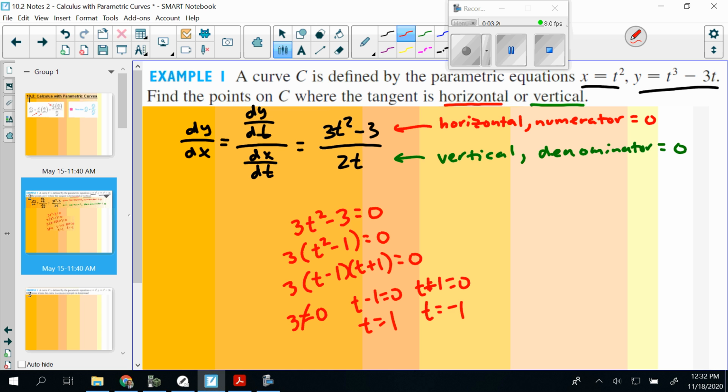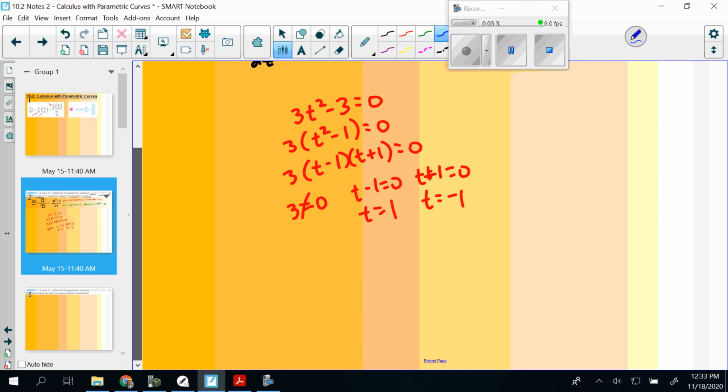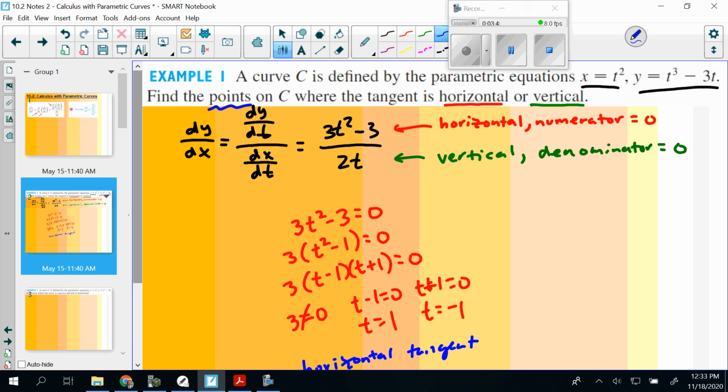They did want us to find the points, though, so make sure we still find those. For the points where we have a horizontal tangent, we plug t equals 1 into both equations. In the first one, 1 squared is 1. In the second, 1 cubed is 1, minus 3 would be negative 2.